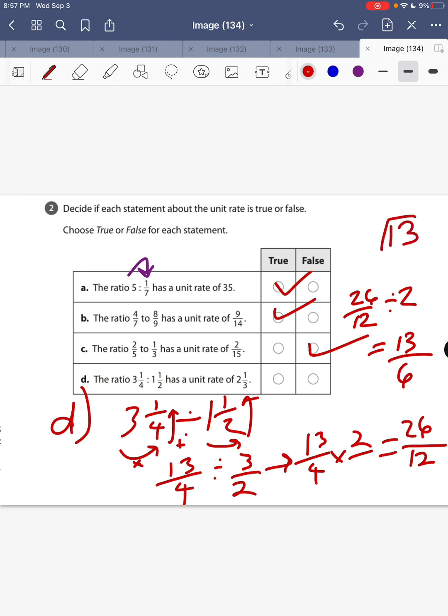The top dog gets to go in the house. How many times will 6 go into 13? 2. 2 times 6 is 12. Subtract, you get 1. Is that the same as 2 1/6? No, that's 2 1/3, so it's close, but not quite the same. So that is also going to be false.